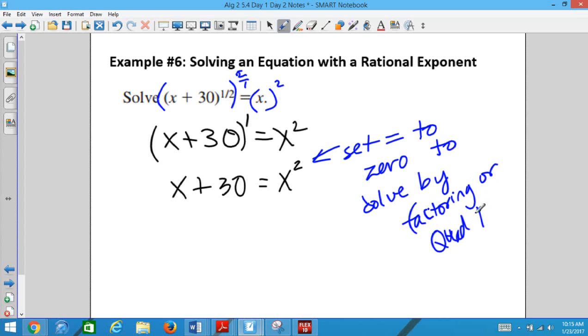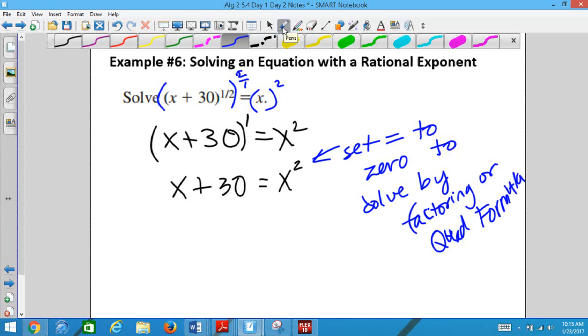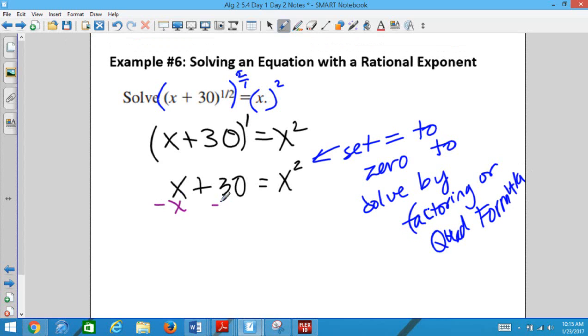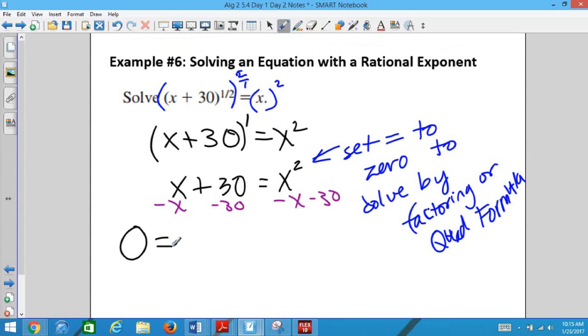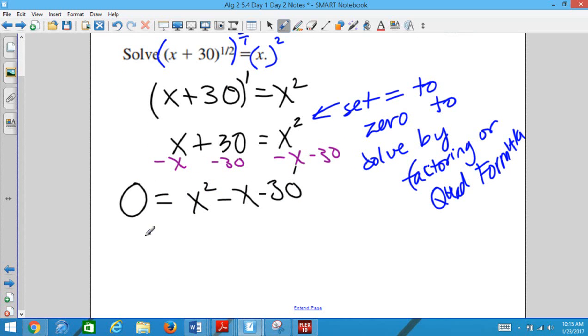I will factor it. So I'm going to subtract x and subtract 30. And those are not like terms, so we'll write it as 0 equals x squared minus x minus 30. And we'll factor that.